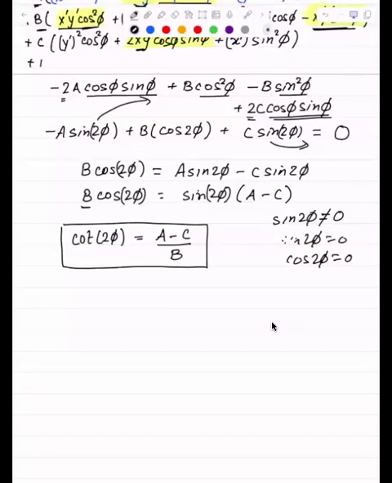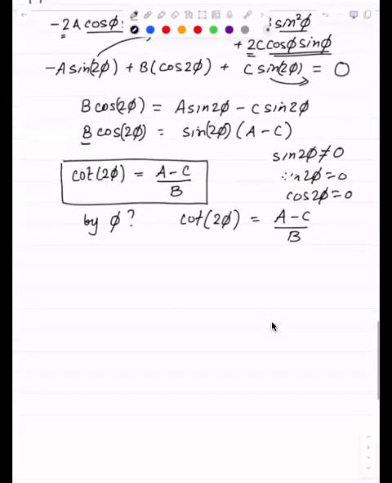If we rotate the axes by phi, how much should we rotate? What should be this angle we rotate by? We should rotate by an angle such that cotangent of 2 times this angle is a minus c over b.